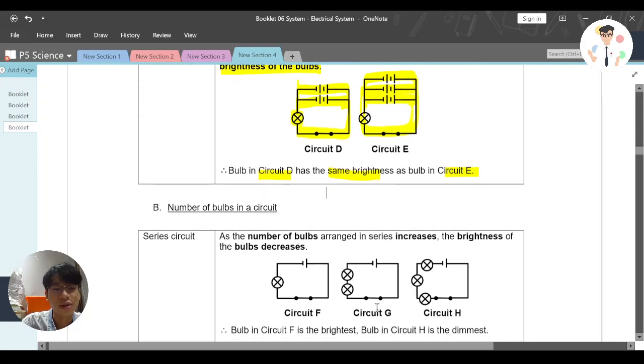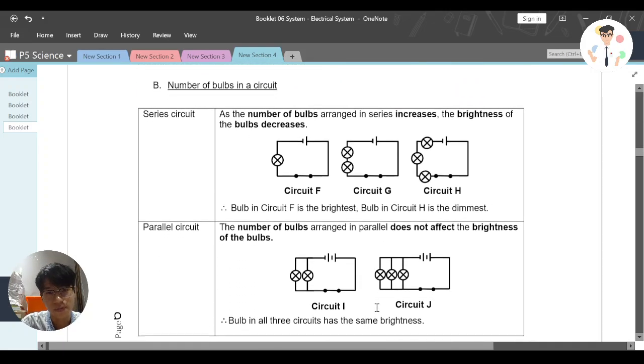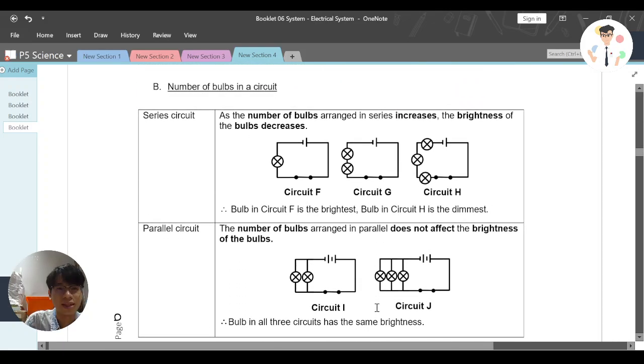Let's look at how the number of bulbs affects brightness now. It's a similar idea. In a series circuit, as the number of bulbs increases, the brightness decreases. When you have more bulbs, you'll be dimmer. One battery for one bulb means no need to share.